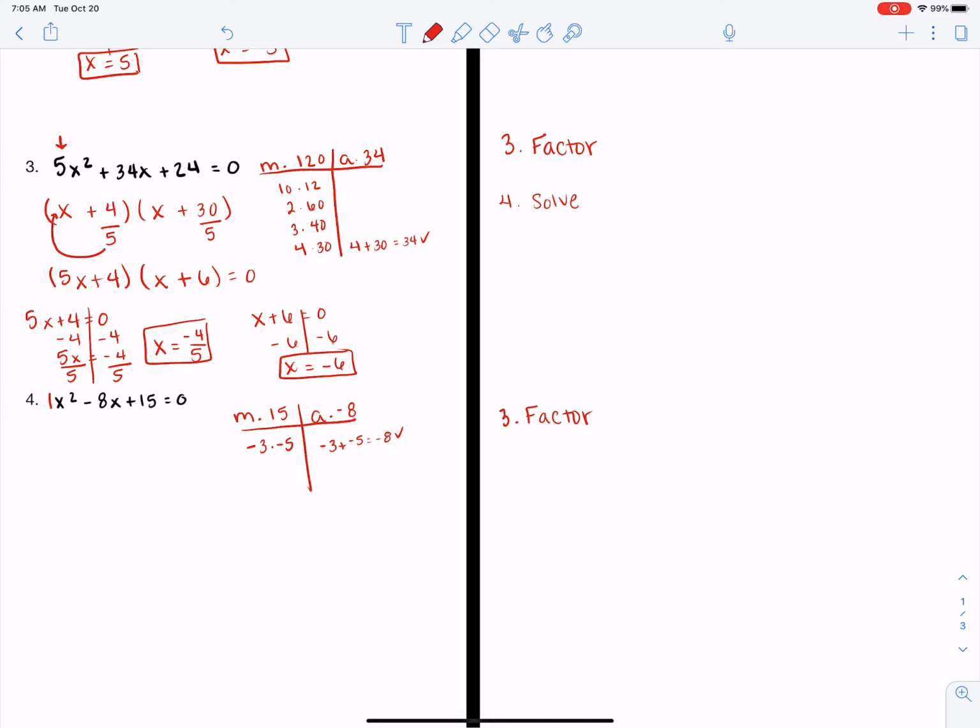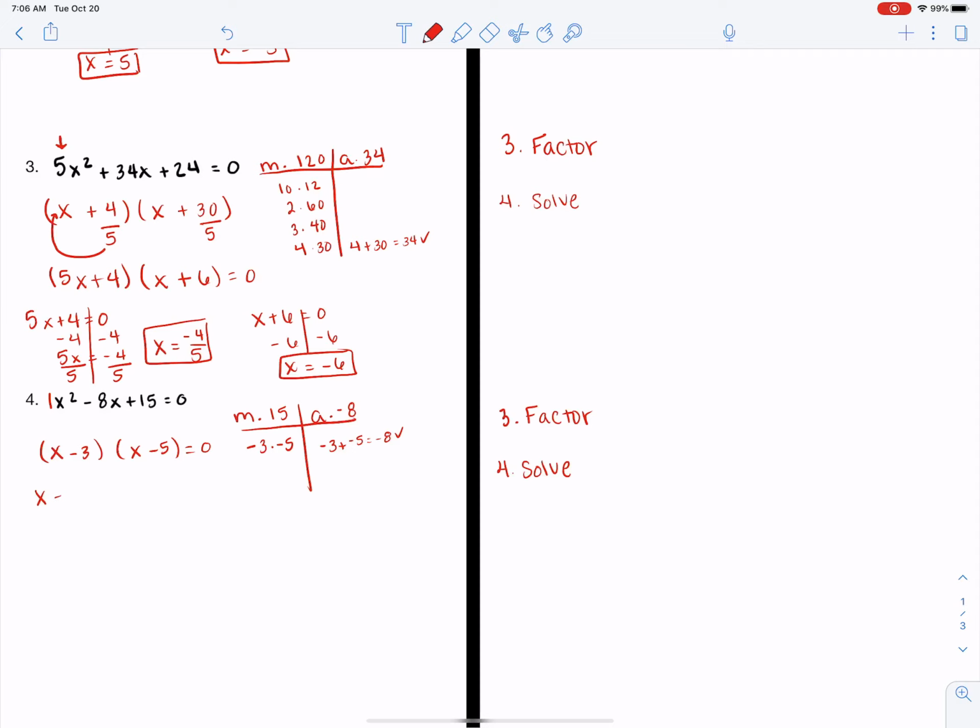So those are my two numbers. So build two binomials. Start with x. Put minus 3 in one, minus 5 in the other, equals 0. Now, in the last one, I had to divide by a. That's only because a was a number other than 1. Here, our a value is 1, so I'm finished factoring. And step 4 is to solve.